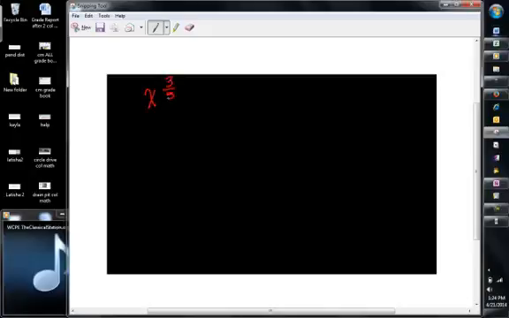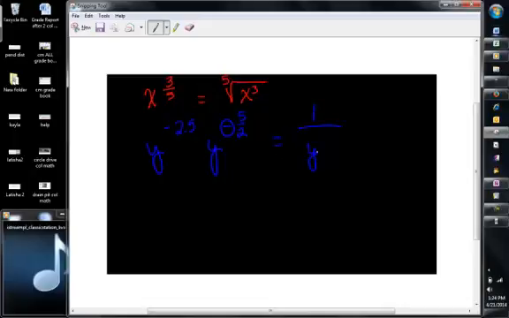Three-fifths. The next sign means put it in the denominator, which is 1 over 5 to the 5.